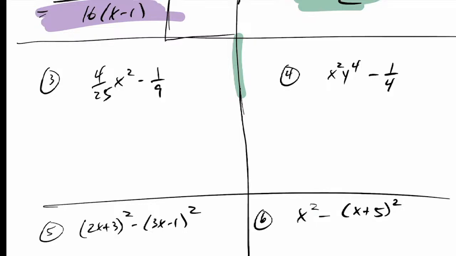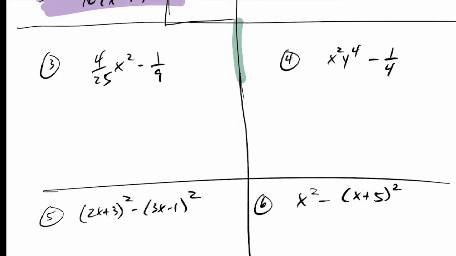So if you are looking at 3 here, hopefully you see this as a difference of squares question, in which case we have 2 over 5x squared minus 1 over 3 squared. And then in kicks in your difference of squares, right?